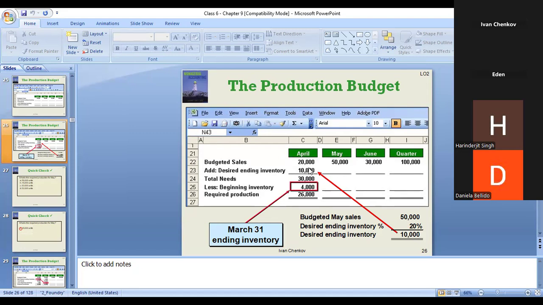Plus, we need the 20% from the following month sales, which is 10,000. But we already have 4,000 from the beginning of April, or ending balance in March. And in total, we need to produce 26,000 units.